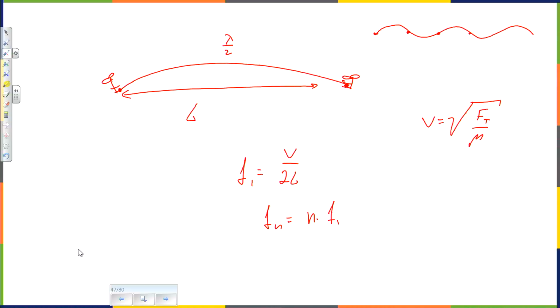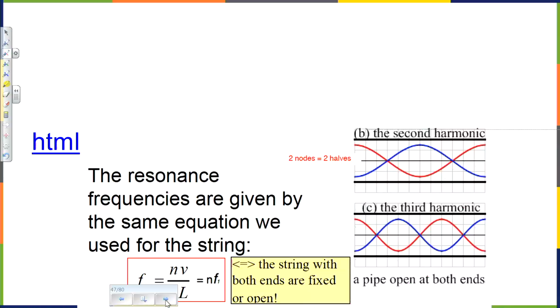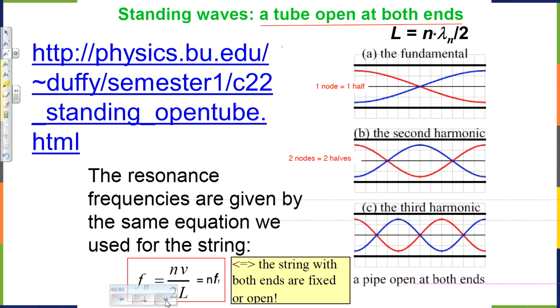So it doesn't really matter if both ends are open or both ends are fixed. As long as both ends are the same, these are the equations we can use. Now, so these are pictures and equations.